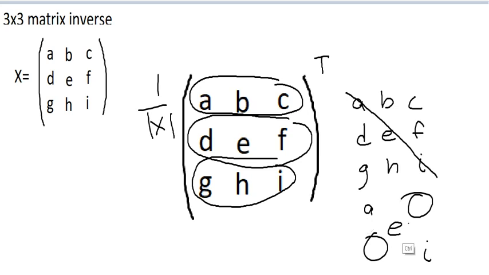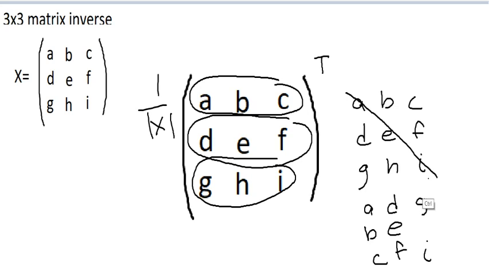Just reflect it over. So in this case, B and D reflected. D would come up here and B would come down here. C and G reflect. When you reflect it, G would be on the top and C would be on the bottom. And H and F, when you reflect it, F would come down below and H would be up here.